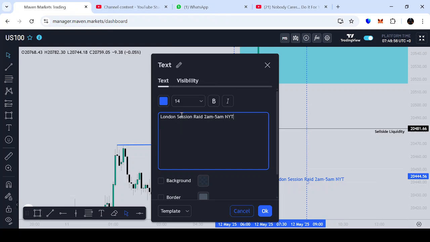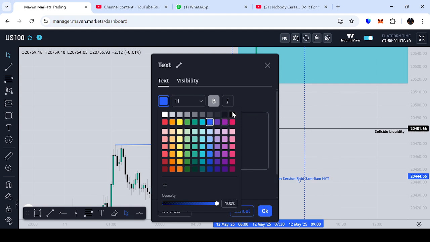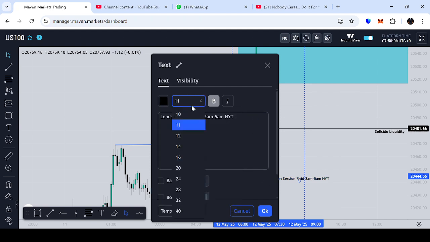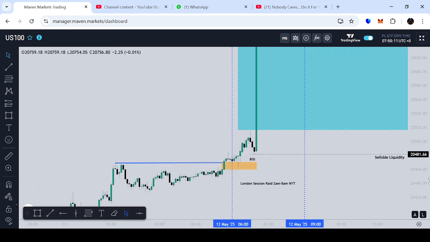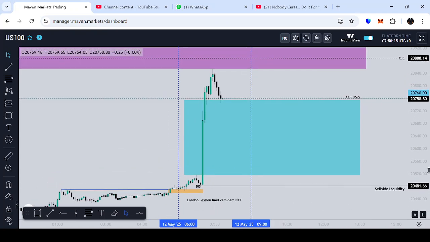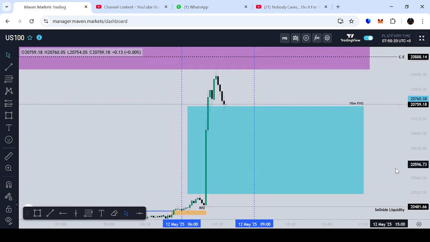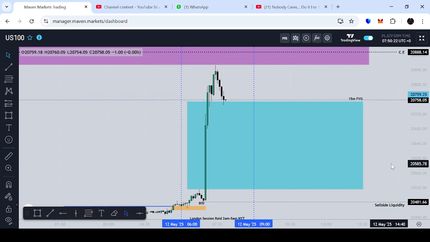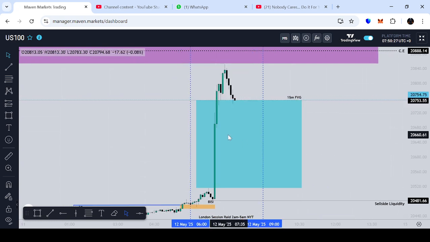New York time. That's a 15 minute fair value gap. Inefficiency here too.